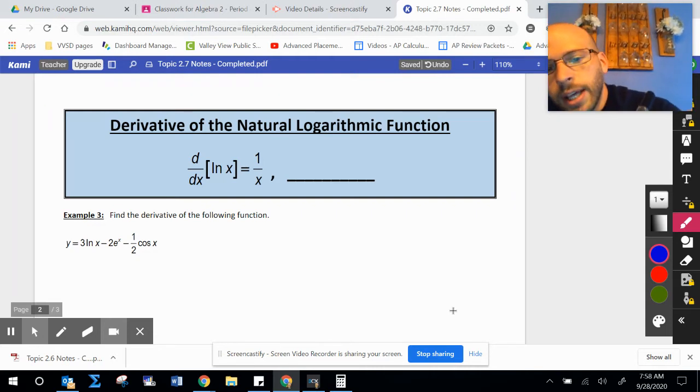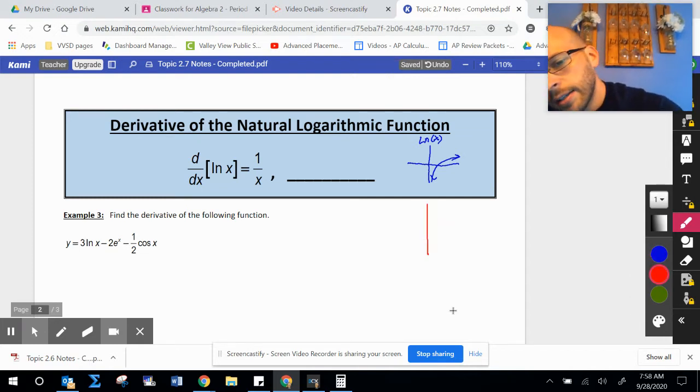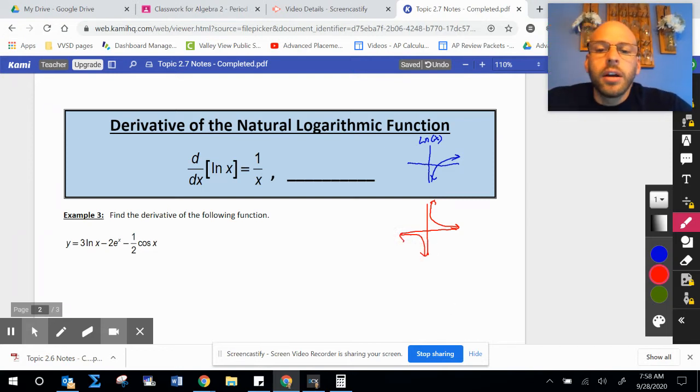So, if we have the ln of x, I don't know if you guys know the graph of natural log of x, but it looks a little something like this. Now, the derivative of natural log of x is 1 over x, which looks a little something like this. Now, just to be clear here, you can't have a derivative where the original function doesn't exist.